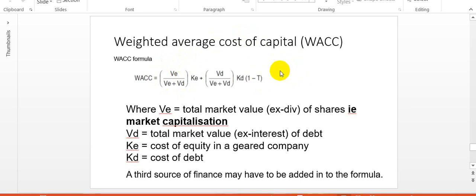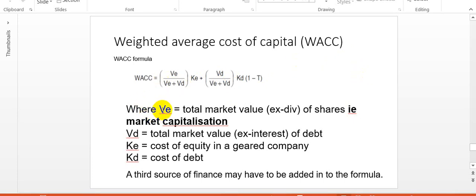For example, if you've got preference shares, you need another plus VPref divided by VE plus VD plus VPref. So it means at the bottom here you'll be adding 3 things, not 2 things. If the question has given you 4 sources of finance, then you'll be adding 4 things at the bottom, and then you're going to have another 4th addition at the end of this formula.